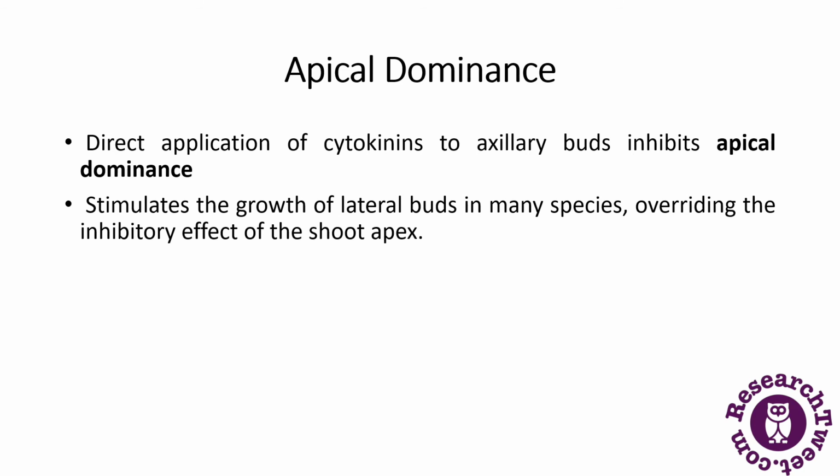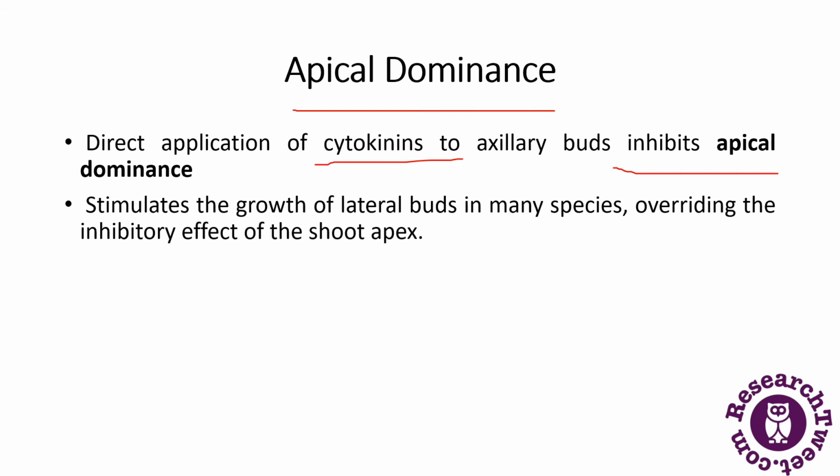It inhibits the BRC1 gene, and prevents the auxin-induced strigolactone biosynthesis. So this was about apical dominance and the role cytokinins play in it. It basically inhibits apical dominance and stimulates the growth of lateral buds in many species.